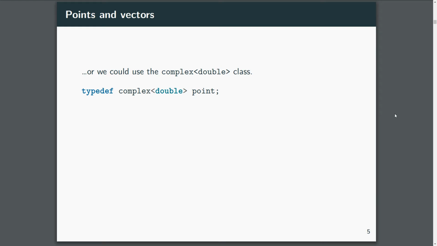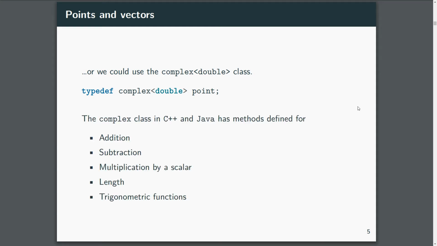What we can also do is use the complex class. That's a class for complex numbers, and we define that we want double precision here. The complex class can be found in C++ and Java and probably Python as well, but I don't know.